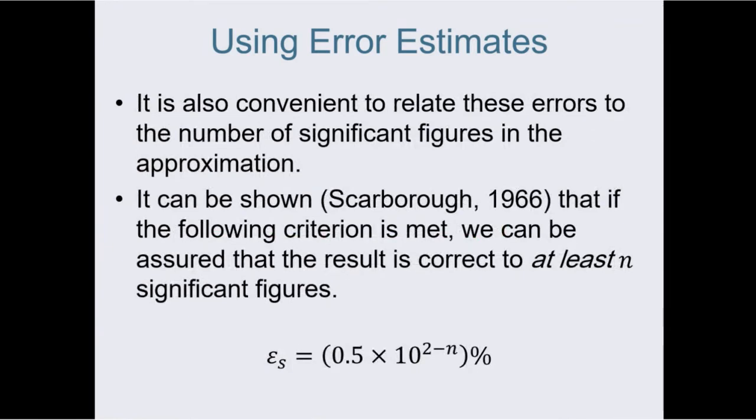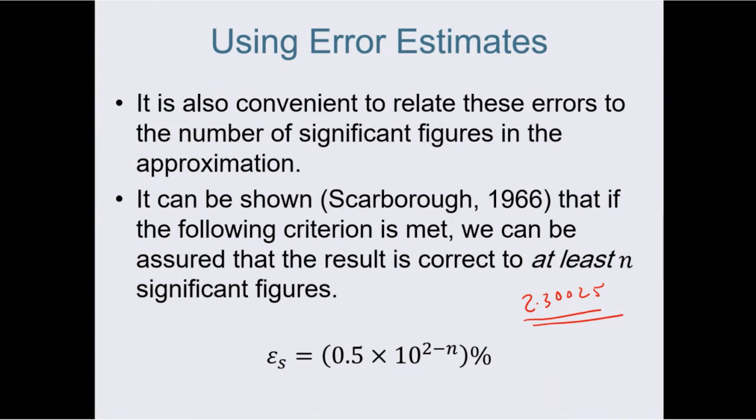We can also relate the stopping criteria to the number of significant figures in the approximation. It is how many significant figures you want to have in your answer, the precision that you want.